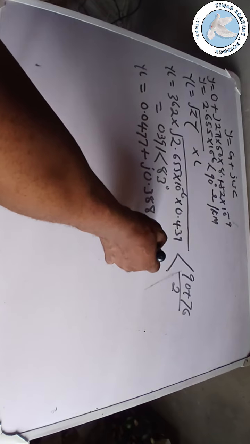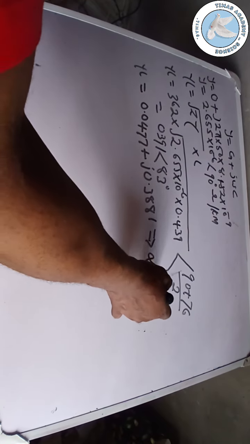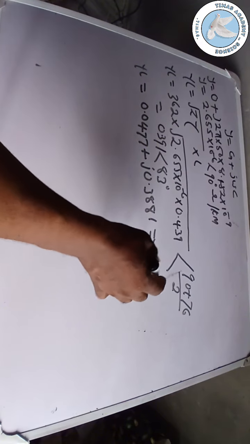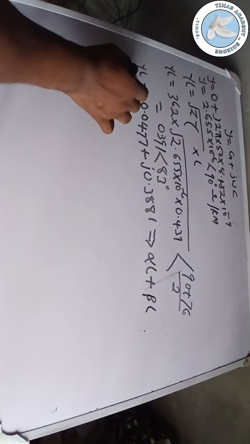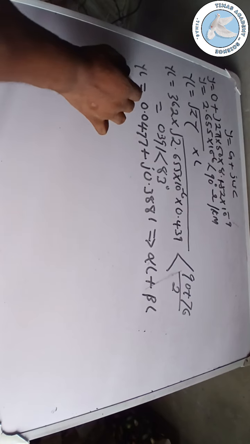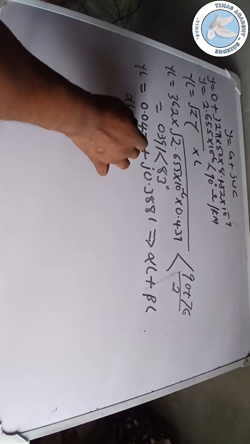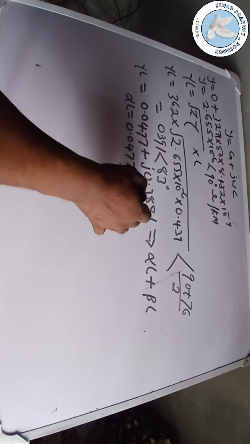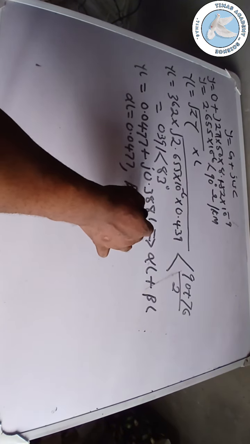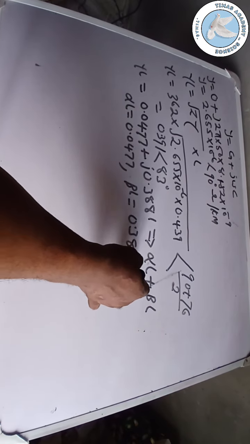So we'll see how we can represent this with alpha L, where L is the length, and beta L. So from this, alpha L is 0.0477, and beta L is 0.3881.